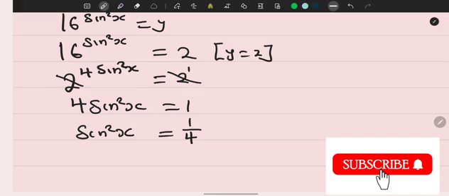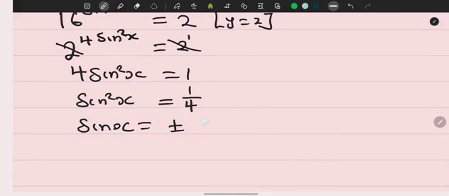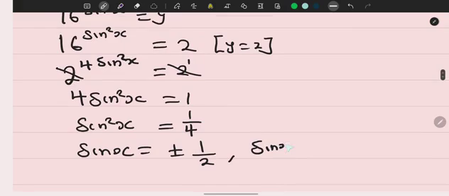So what's the next thing here? We take the square root of both sides. So the square root of both sides gives us plus or minus 1 over 2, which implies that sine x is 1 over 2 or sine x equals minus 1 over 2. Okay, so we consider each of these to get the values of x.